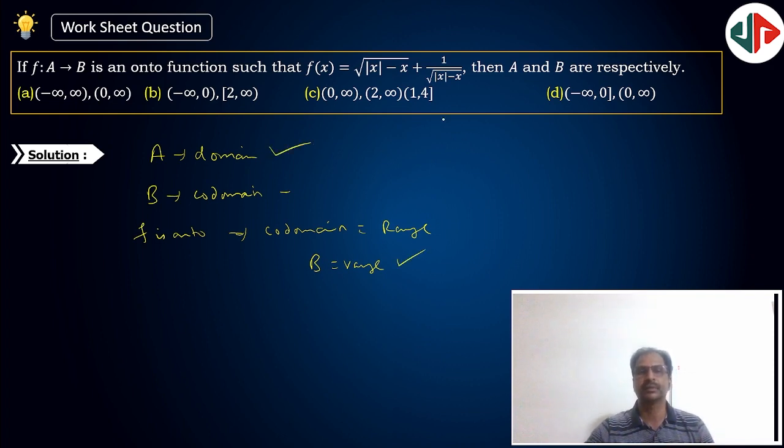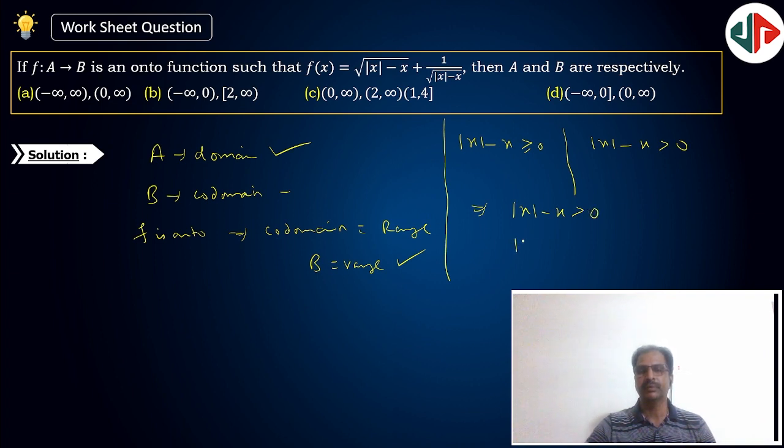How to find the domain? Mod x minus x should be greater than or equal to 0 in the first case. In the second case, mod x minus x should be greater than 0. So what is the intersection of these two? The common condition is mod x minus x greater than 0, which means mod x greater than x.